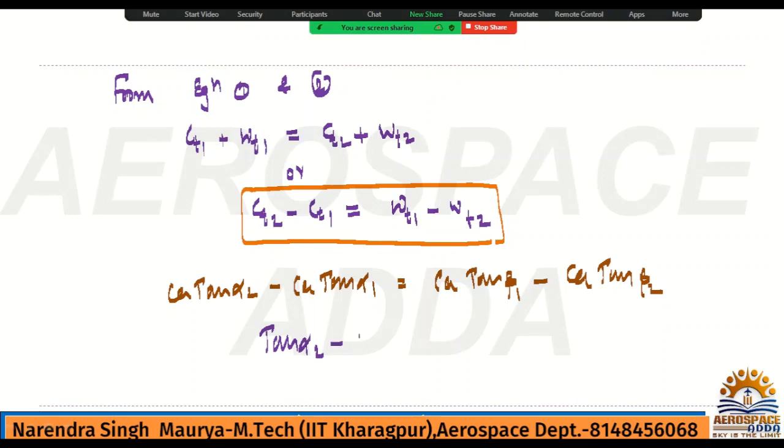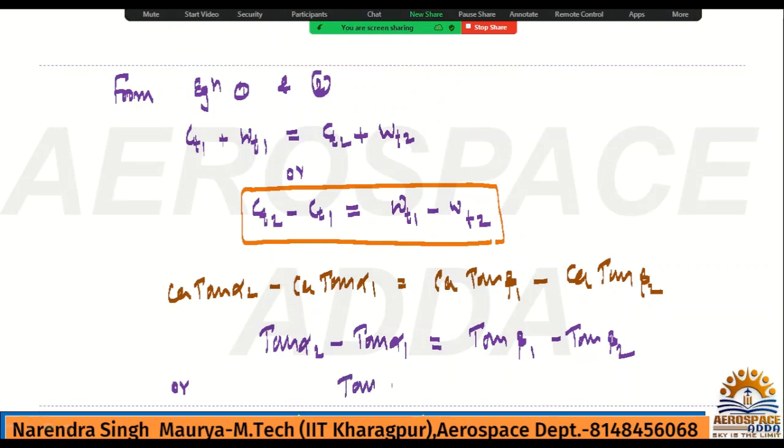So what you will have? Tan alpha 2 minus tan alpha 1 is equal to tan beta 1 minus tan beta 2, or tan alpha 1 plus tan beta 1 is equal to tan alpha 2 plus tan beta 2.